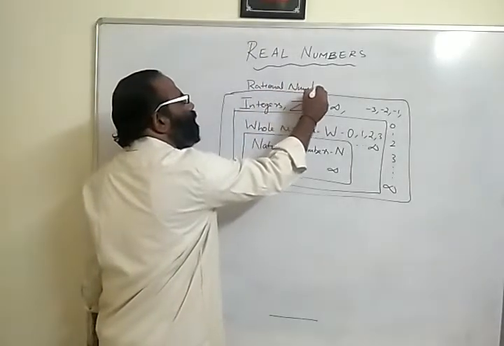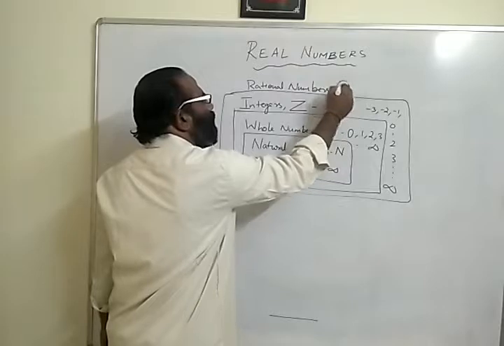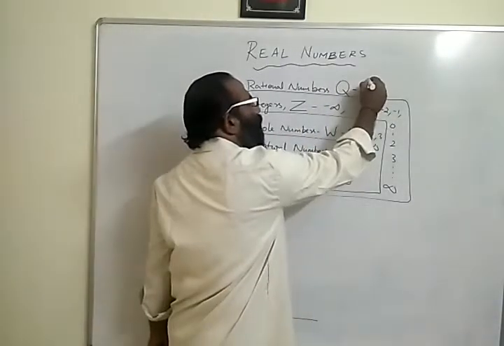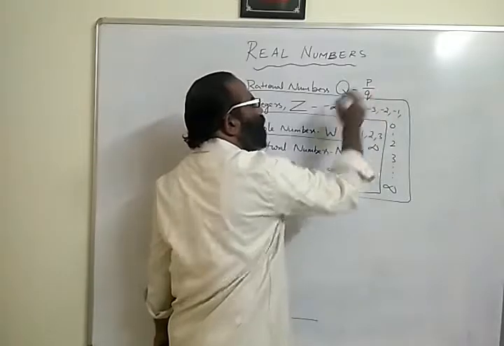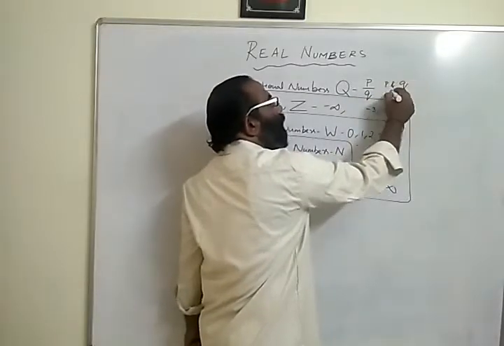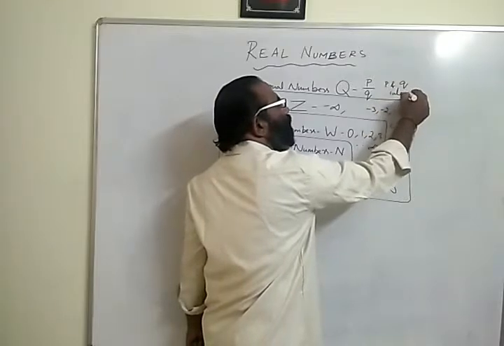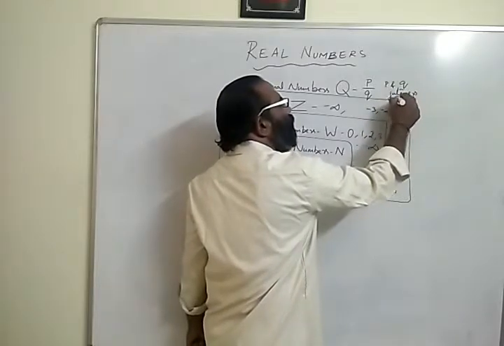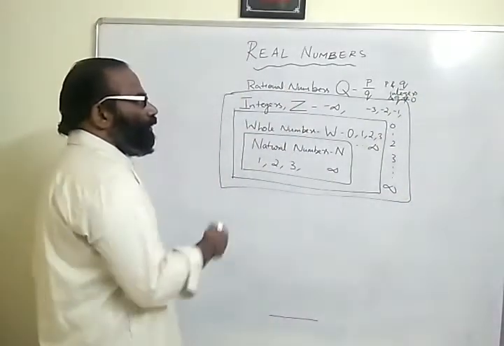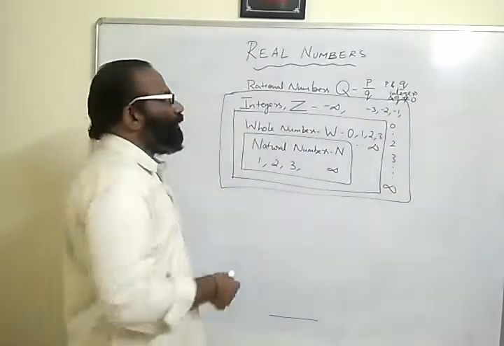Rational numbers, usually represented by capital Q, are of the form P by Q, where P and Q are integers and Q is not equal to 0. So what comes under that?